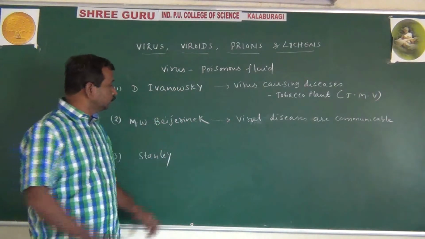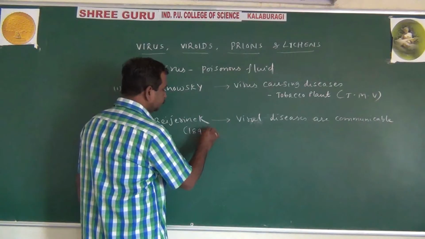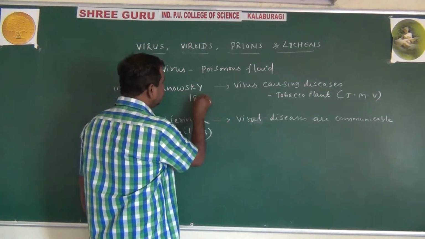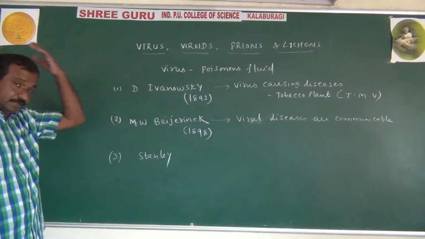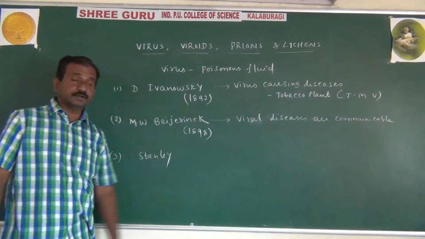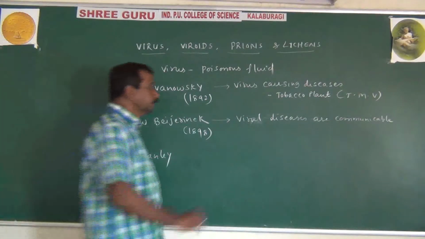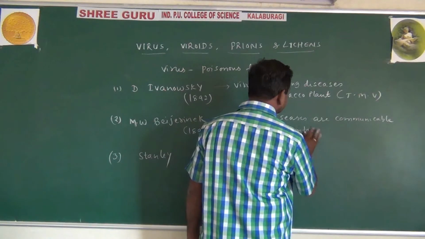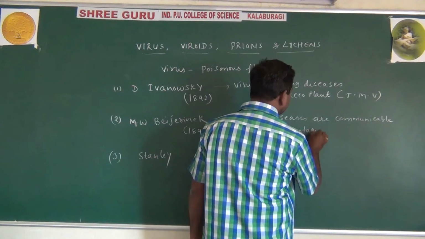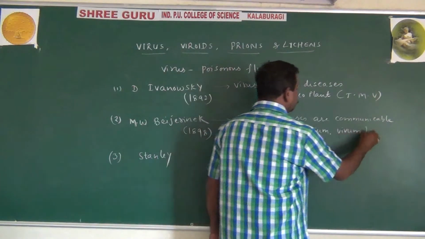First time we can observe this in the year 1898, this person. Note, at that time he said that viruses cause communicable diseases, or viral diseases are communicable. He used the term contagium vivum fluidum.